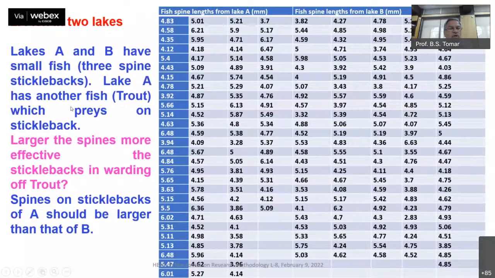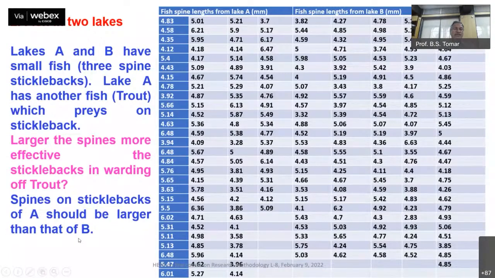So normally one would expect that in lake A, where the predator is present, the sticklebacks may develop larger spines to ward off the trout. That is from the theory of evolution or adaptation of the species. You can predict that the spines on the sticklebacks of lake A should be larger than those of lake B.